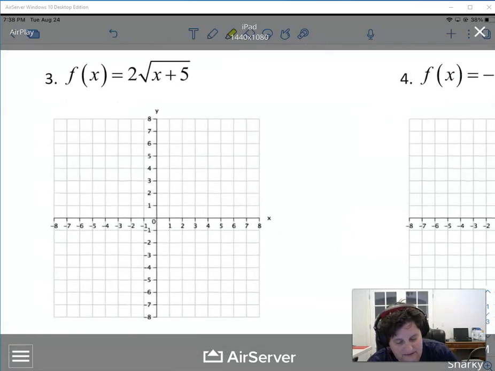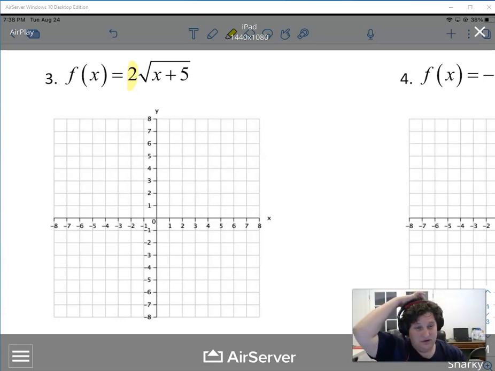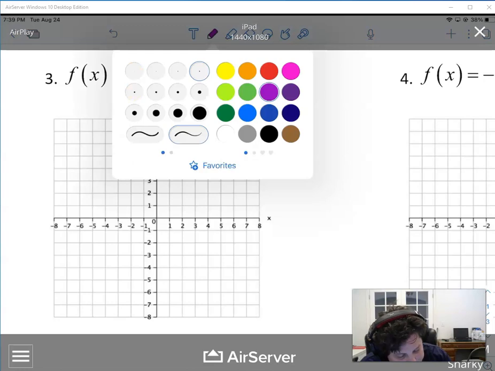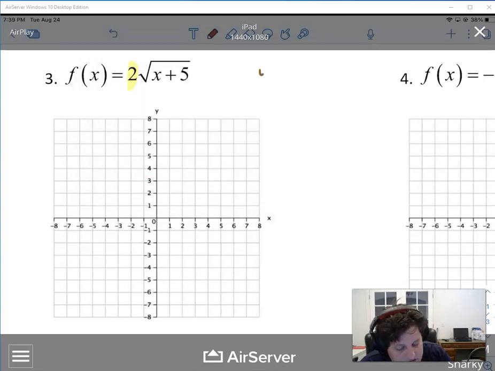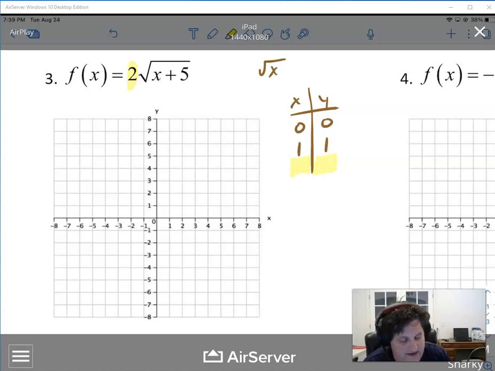Now let's look at this next one. This is the first time that I have a number right here, so I'm going to show you guys how this works. First, I'm going to remember that for a square root graph, the numbers I like to use are 0, 0, 1, 1, and then what is the next number we talked about that needs to go in this table?